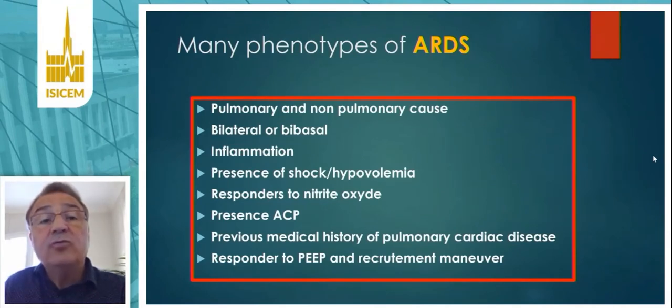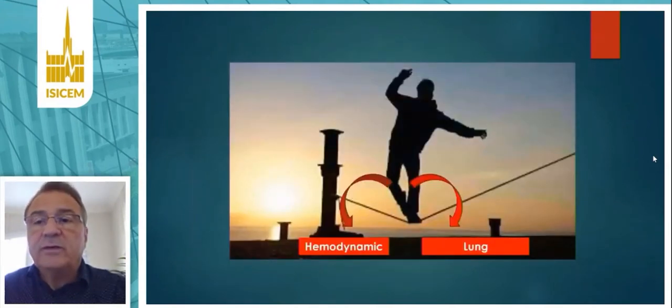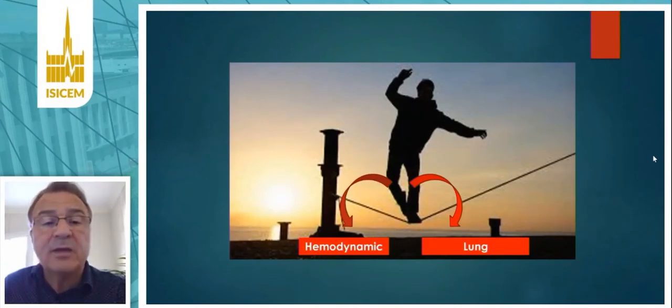And so you have to keep in mind that the phenotypes may modify the hemodynamics related to the ARDS. With ARDS you are like a man walking on a string, and if you improve the lung, sometimes you may impair the hemodynamics and then increase the mortality of your patient with ARDS.